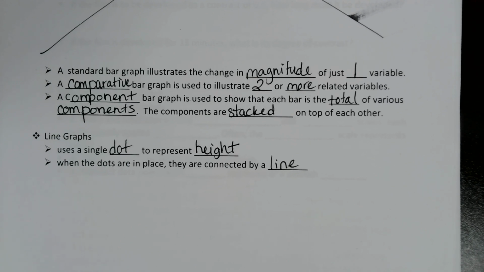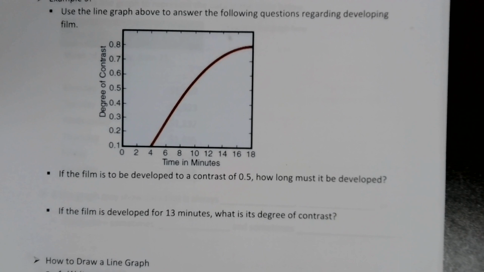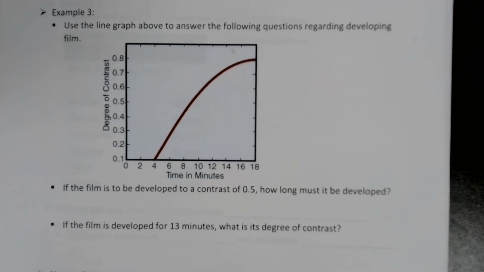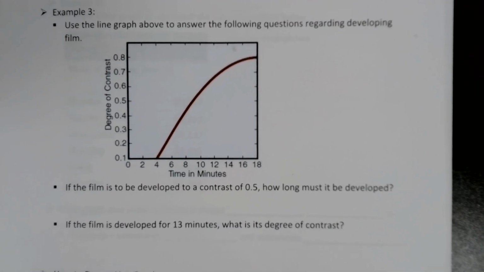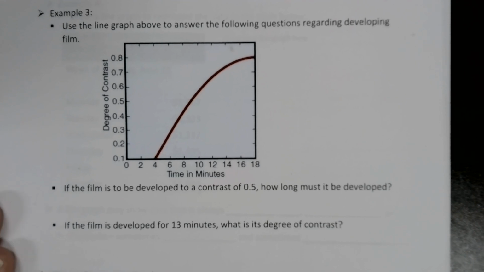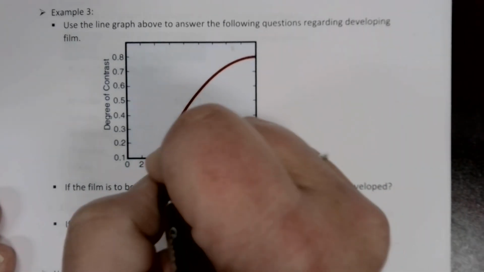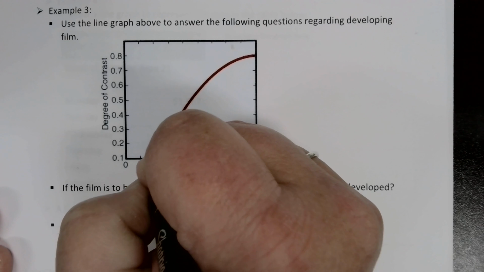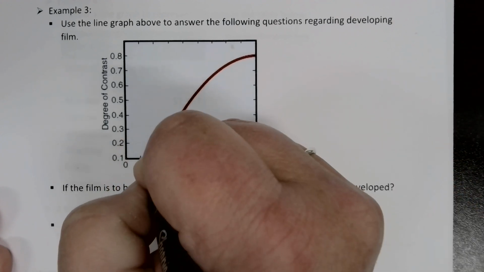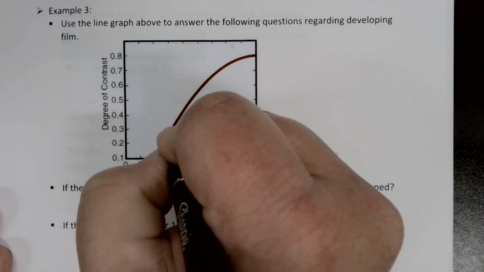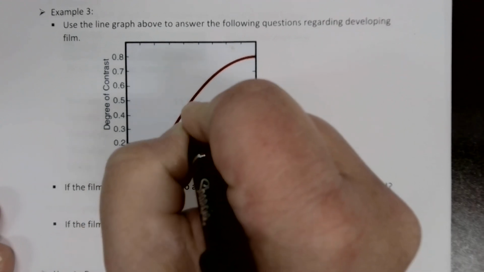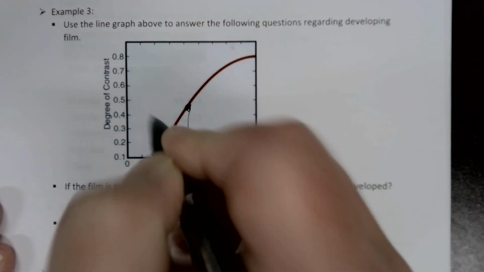So, for example, we use this line graph to answer questions. I didn't really show dots on here, but this would have been put together by dots. Points along that would have been at 0, 0.1 or whatever there. And then 6 would have had a dot here, and 8 a dot up here, so that you can read the graph.